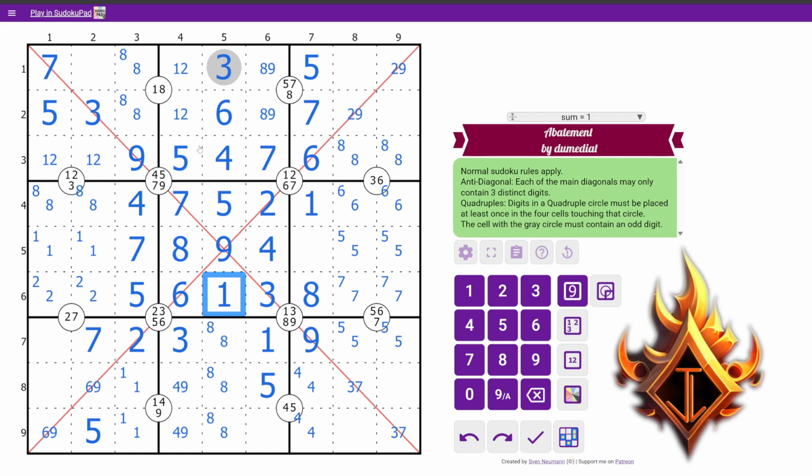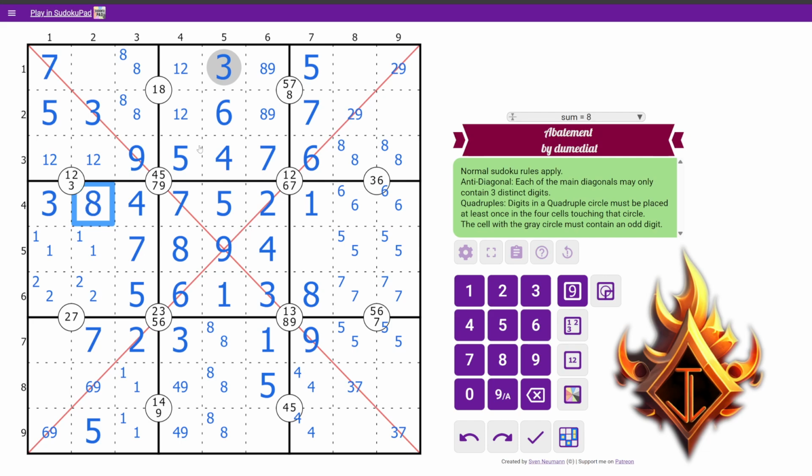So we have 9, not quite. 3. Did I place that yet anywhere? Not quite. There will be a 3 here somewhere in one of these 2. Oh, it can't be that one though. There has to be. Okay, the 3 has to go there. It's the only spot left for it.